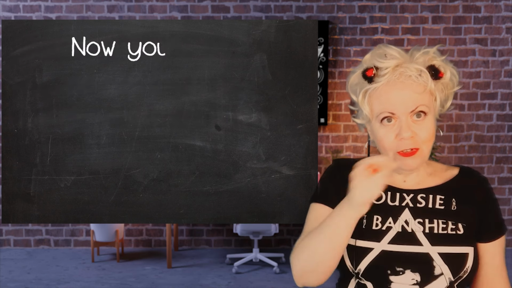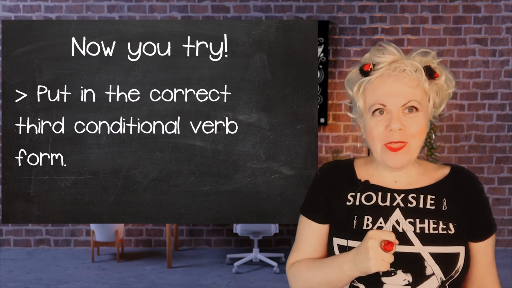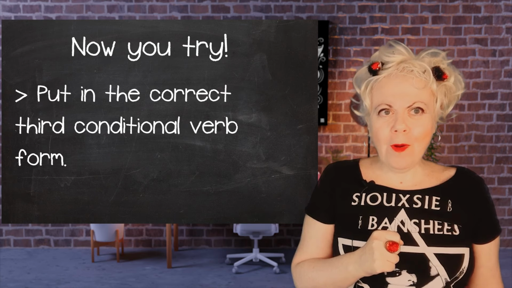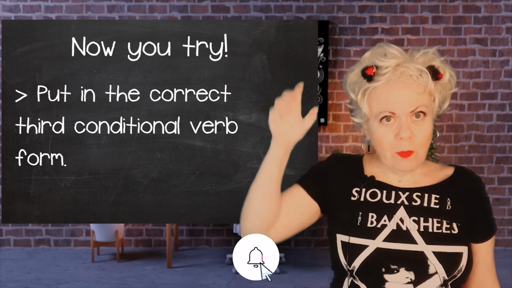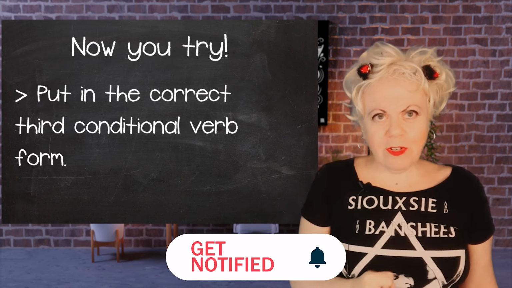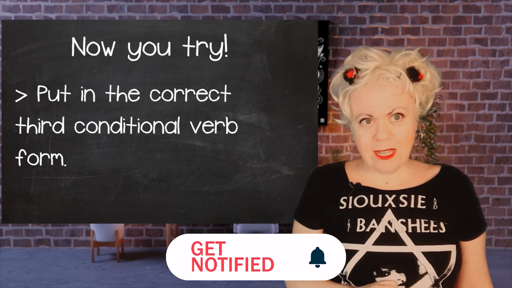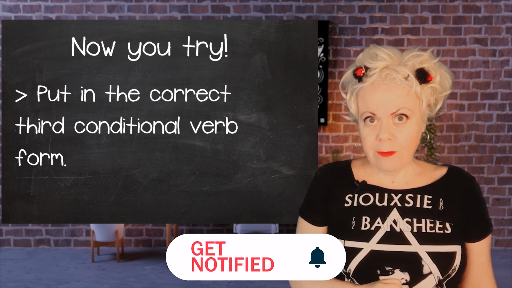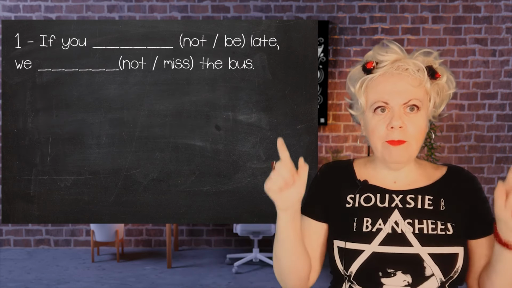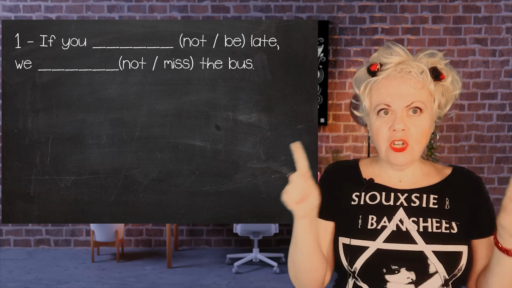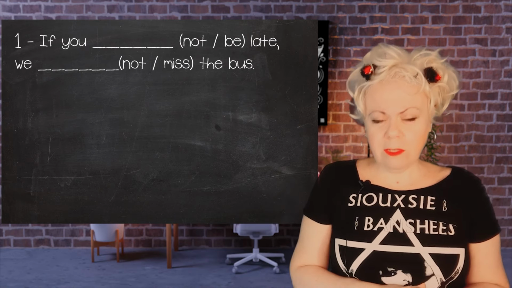Now, you try. Put the correct third conditional verb form, and remember, the answers will be waiting for you in the description box below the video as always. Okay, let's start. Number 1, if you not be late, we not miss the bus.